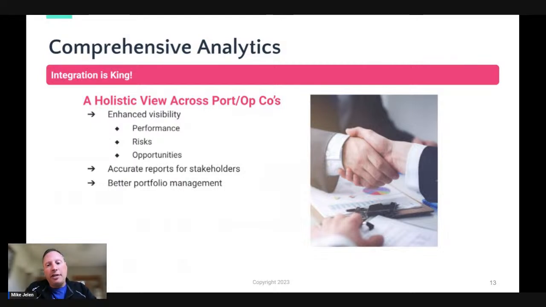So remember that integration that we talked about a little bit earlier is very important, where you have that holistic view. But that integration, we've seen plenty of PE organizations gobble up lots of different companies, but then don't always integrate those applications at the level that they should have. And so those applications are not talking to each other.